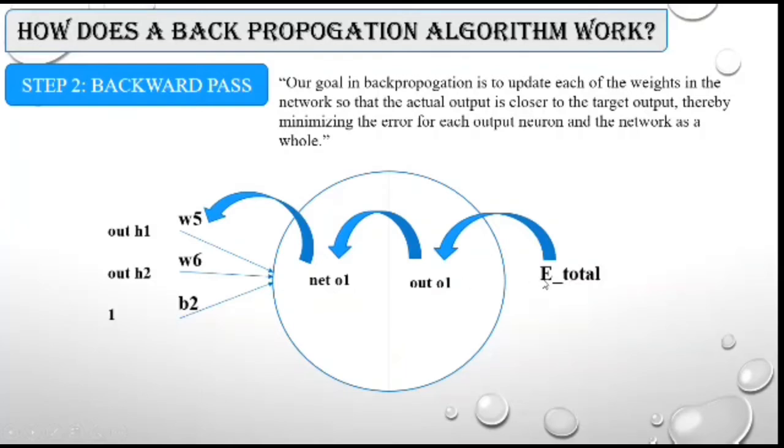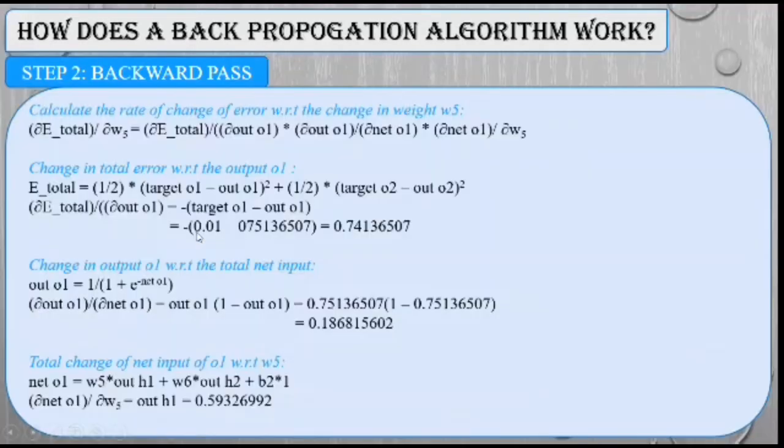So now what we are doing is partial differentiation of E total with respect to out O1 into partial differentiation of out O1 with respect to net O1 into partial differentiation of net O1 with respect to W5. When we do that, we get the final result. Here let us find each term separately. First we need the partial differentiation of E total with respect to out O1.